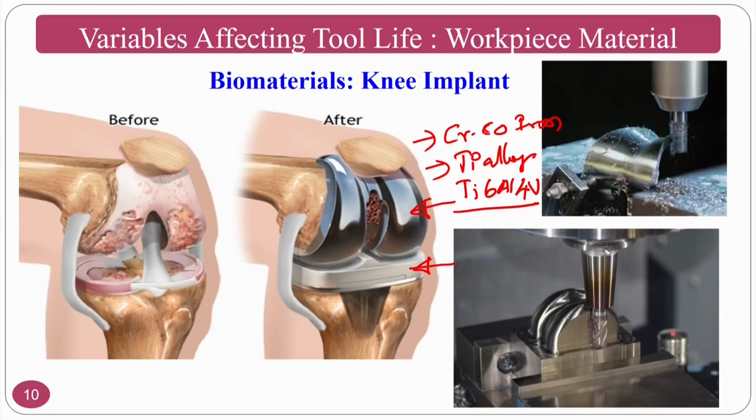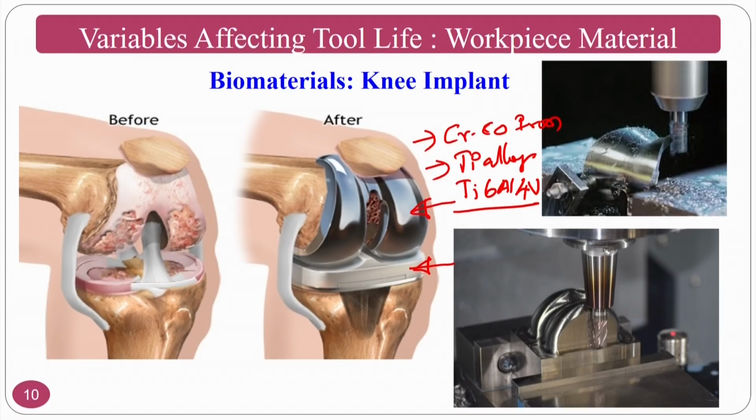Whenever you machine these two materials, you should take care that the temperature does not go beyond what it has to. Otherwise, metallurgical layers will form and metallurgical deterioration will take place on the surface, which we don't want. The surface roughness should also be maintained properly.